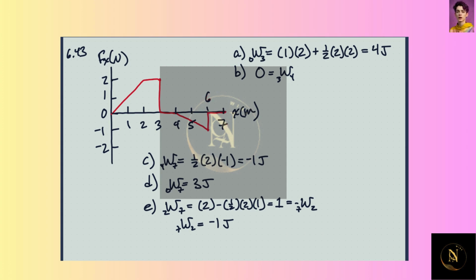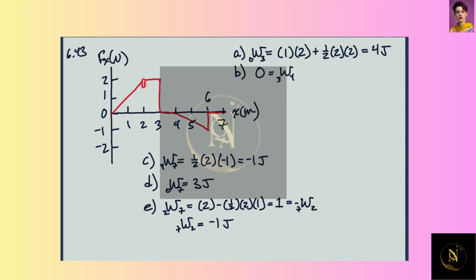So they asked us how much work is done between various intervals here. The first interval is 0 to 3. I've used these indices to note that, from 0 to 3, this is the work. So the work from 0 to 3 is just the area under this curve. Let's see here, we can find that area.